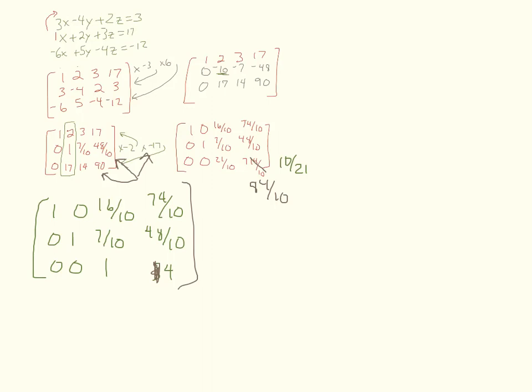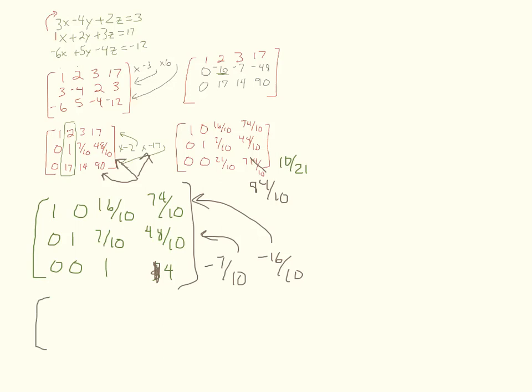But since we're doing the matrix method, I'm going to go all the way and show you how you would get it. Okay? So what do you have to multiply by 1 to get rid of the 7/10? Negative 7/10. And what do you have to multiply the 16/10 to get rid of that? Negative 16/10. Here and here. Let's do it and see what we end up with.